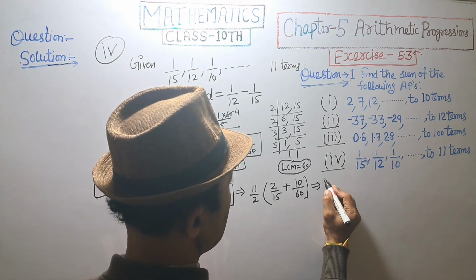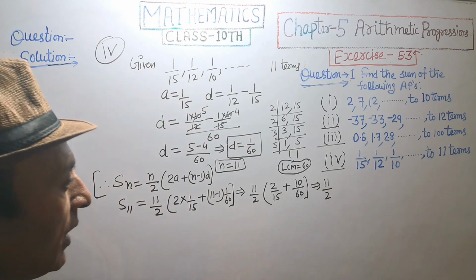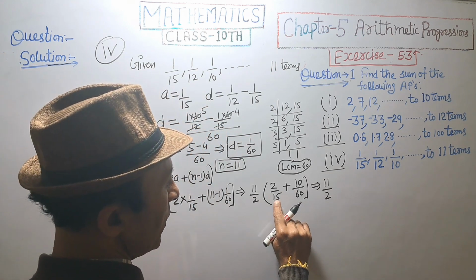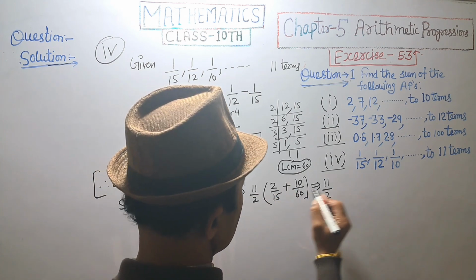This implies 11 divided by 2, and the LCM of 15 and 60 is equal to 60.